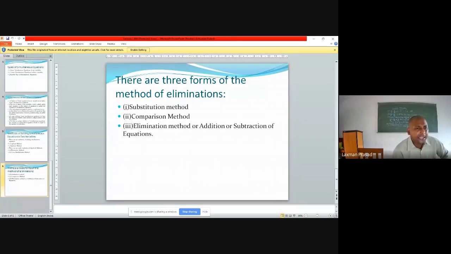So while substituting, like 3x plus 2y equals to 9 and x plus 3y equals to 10.